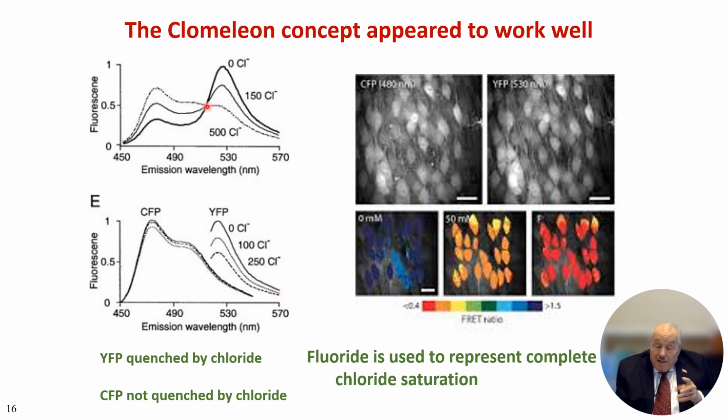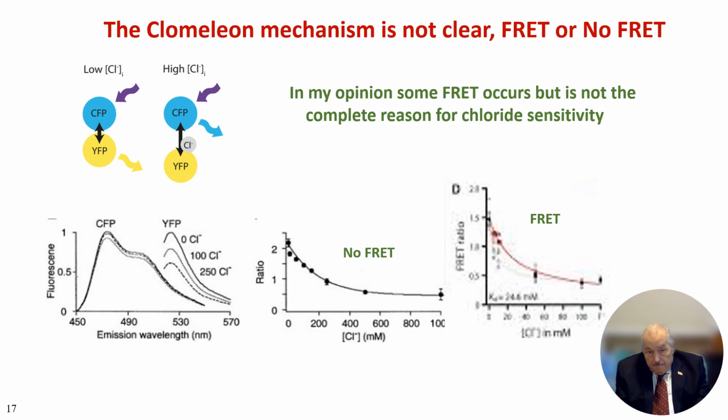This is a difficult plot to understand completely because of the unusual way it was normalized. But anyway, it shows that the ratio of the emission from the chloride-sensitive and the chloride-insensitive protein will change in response to chloride concentration. It's not clear to me whether the changes in response to chloride are due to FRET or not.